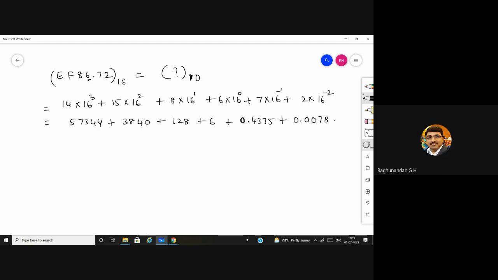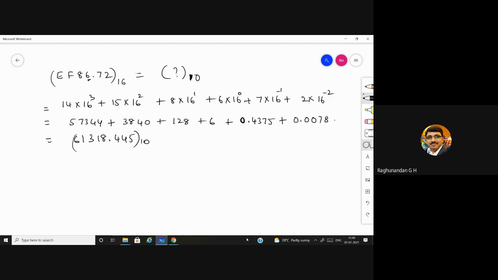Okay, so adding all this, 61318.445 base 10. Both base 10 and base T are allowed. Okay.